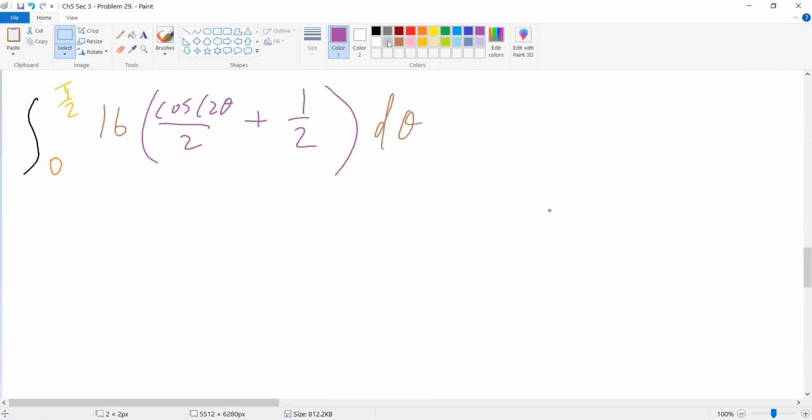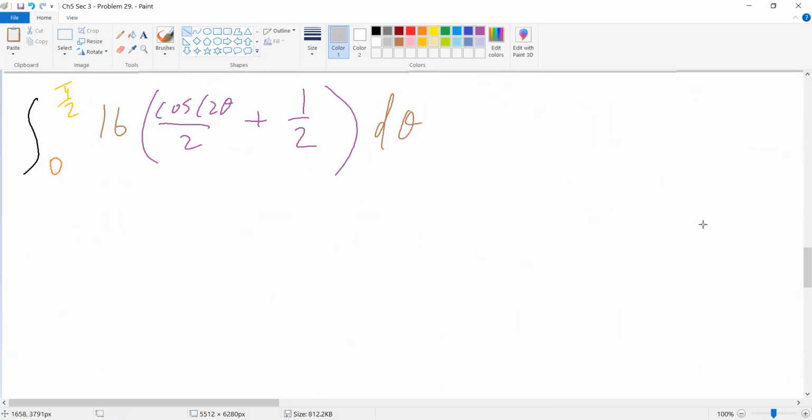Ta-da! Okay, great. So I'm going to do some algebra cleaning up. I can either distribute the 16 in, or I can factor out the 16. It really doesn't matter. For the time being, I'm just going to factor out the 16.